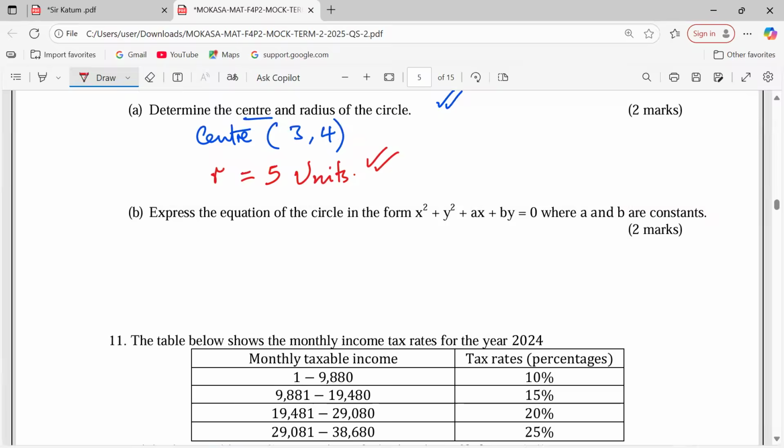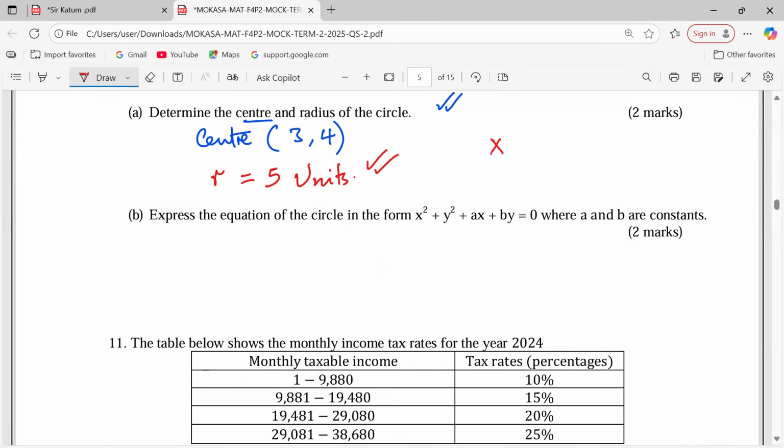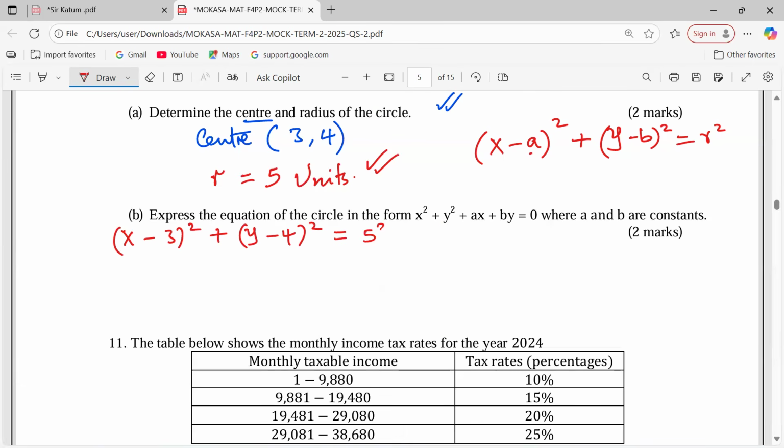Anyway, we start by expressing the general equation, which is given by x minus a, squared, plus y minus b, squared, equals radius squared. Here a and b are the coordinates of the center of the circle. So x minus the x coordinate of the center, 3, squared, plus y minus 4, squared, equals the radius, also squared.